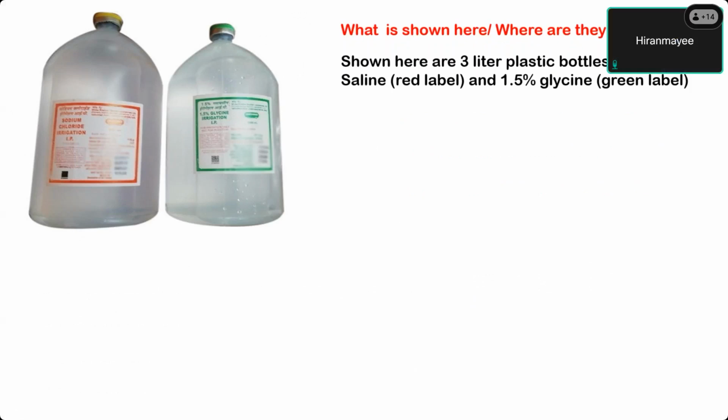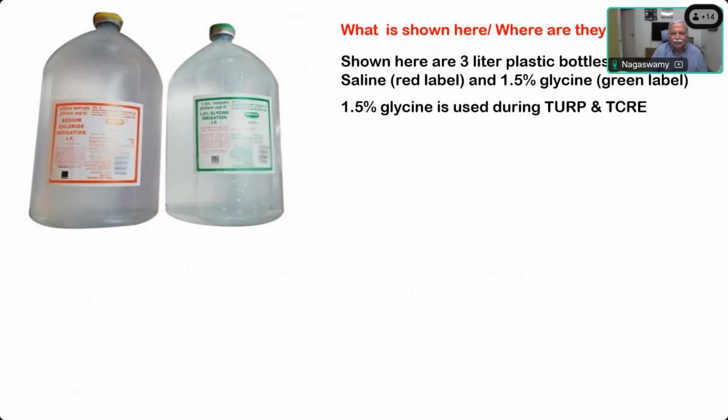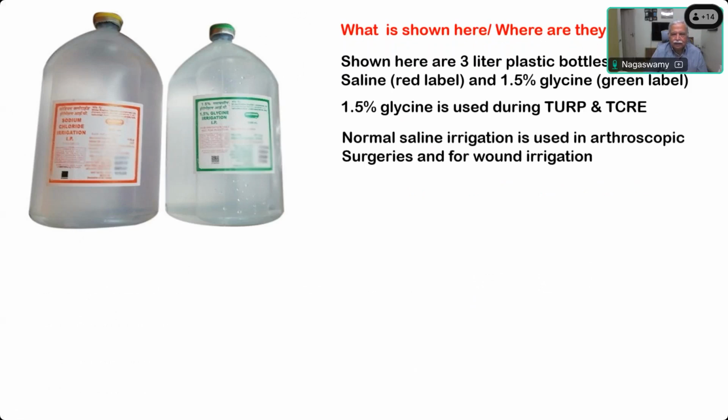No glycine. No, sir. Okay. 1.5% glycine is preferred for TURP. Normal saline irrigation is used for arthroscopic surgeries and wound irrigation. My urologists all prefer only glycine.